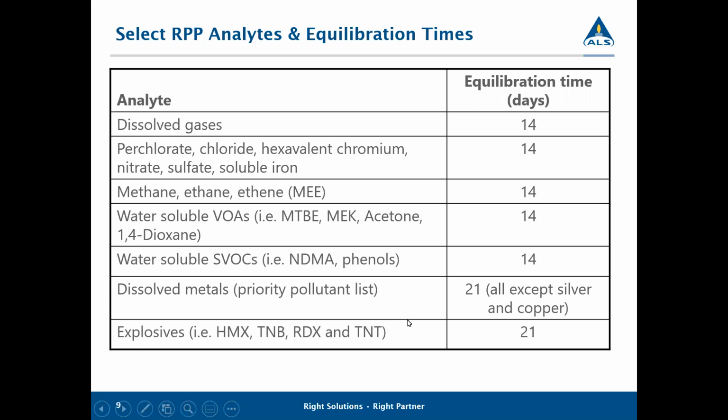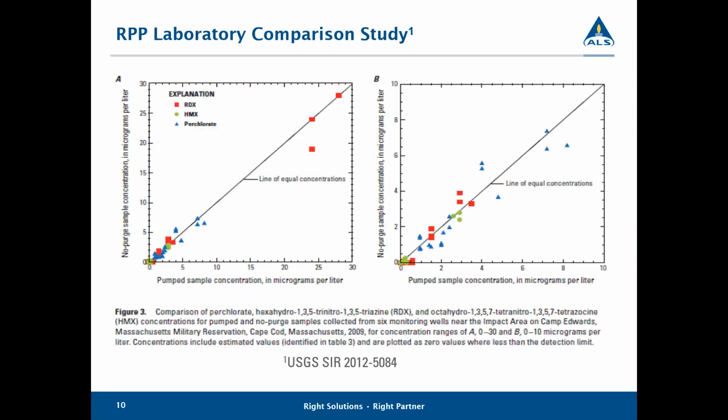Dissolved metals, some of these things, explosives, get into a 21-day equilibration time, and that's been demonstrated through studies that they do require a little bit of additional time to get that full recovery that you're looking for. So again, we're looking at data here. This is a study that was done for pump sample concentration versus passive sample using the RPP device.